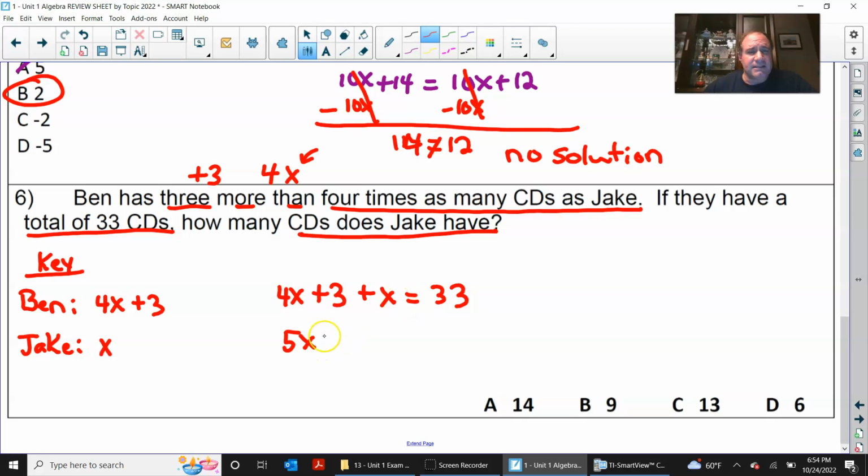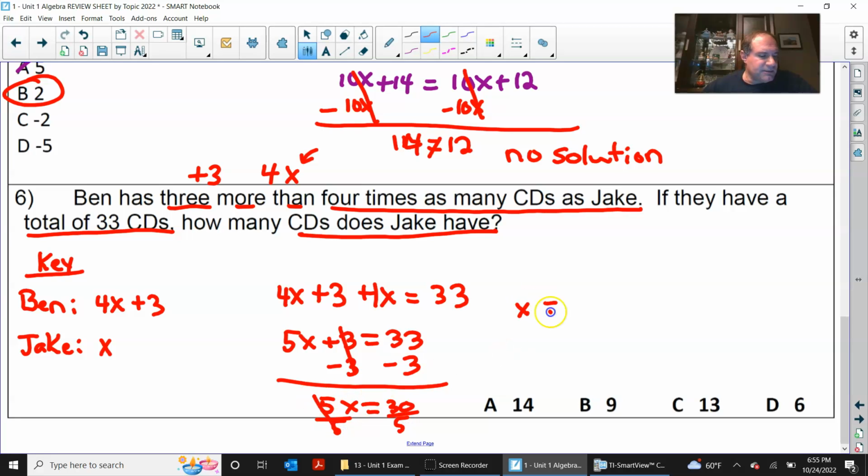You have 4x plus x, this is 1x, by the way. And so you have 5x plus 3 equals 33. And then you minus 3 on both sides. And you get 5x equals 30. And you're going to divide by 5 on both sides. Divide by 5. And you get x equals 6.